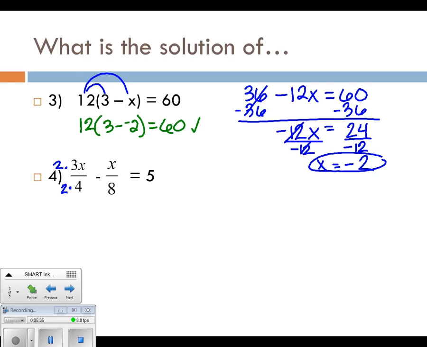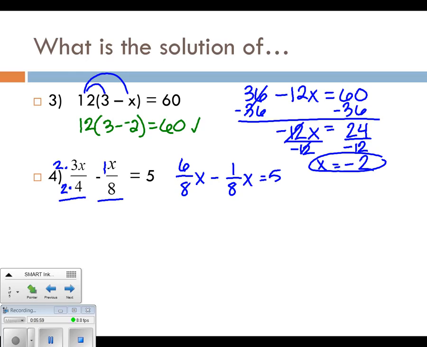So then what we have here is 6/8 x, that would be this rational expression, minus, now in front of this x is a 1, so this is the same as saying 1/8 x right here, and this equals 5.